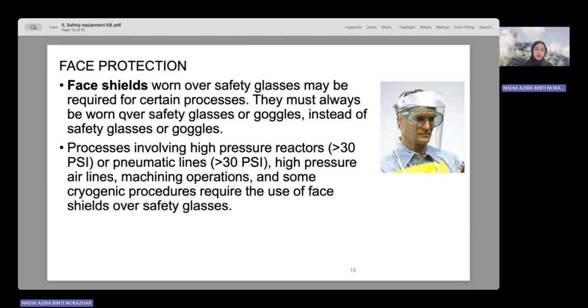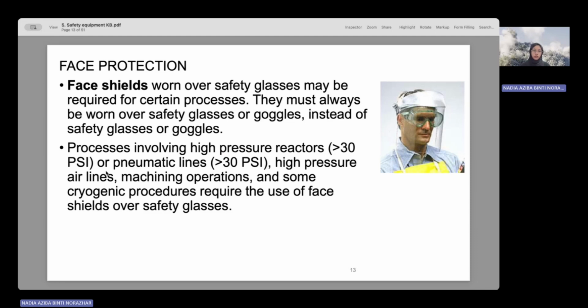Next, we will be discussing face protection. It has to be worn over safety glasses instead of just safety glasses or goggles.